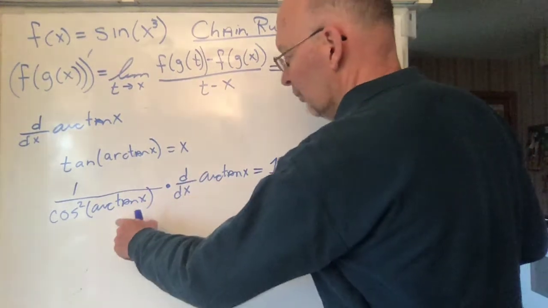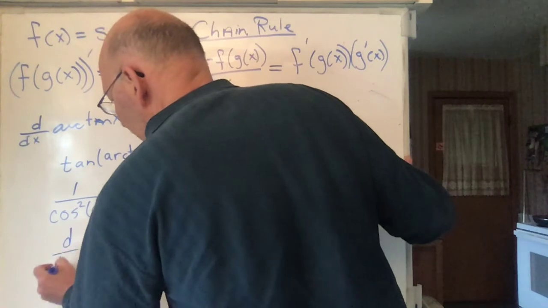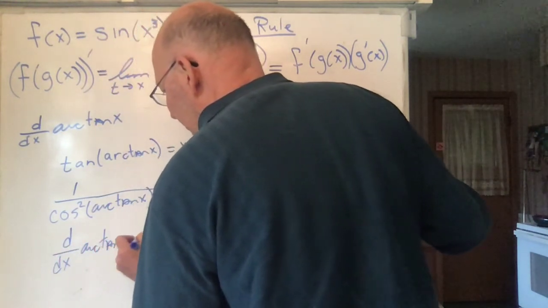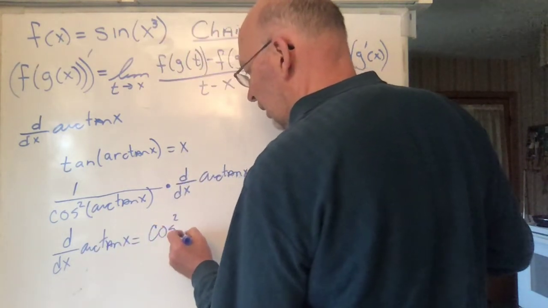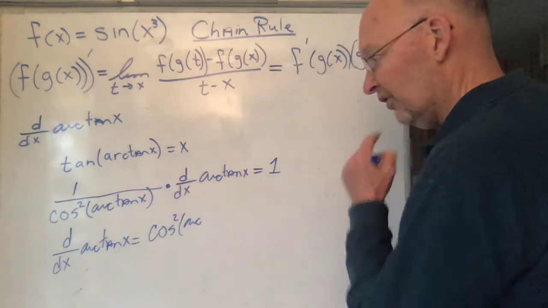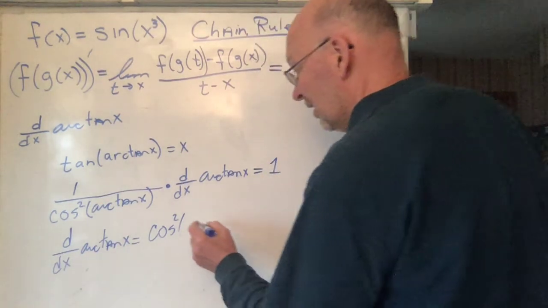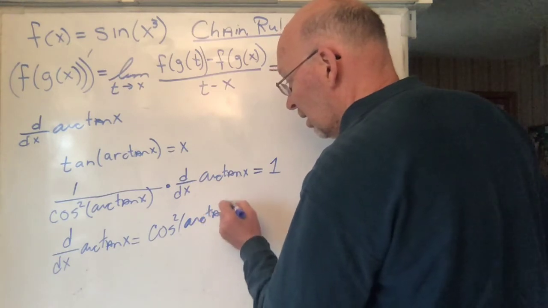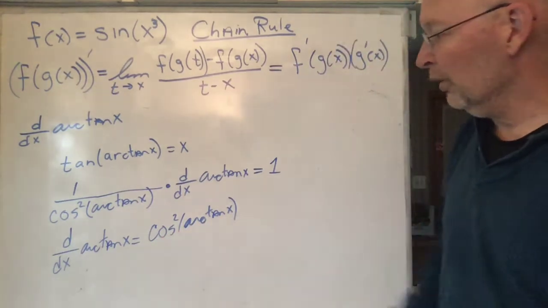So now I can multiply both sides by this, and I get the derivative of the arctan of x is equal to the cosine squared of the arctan of x. Okay, so the derivative of the arctan is equal to the cosine squared of the arctan.